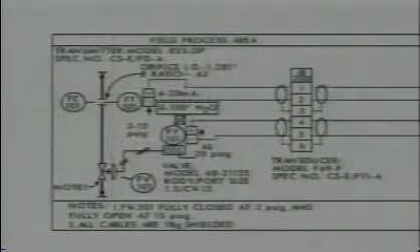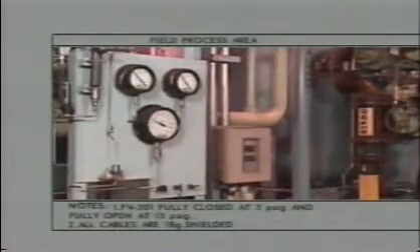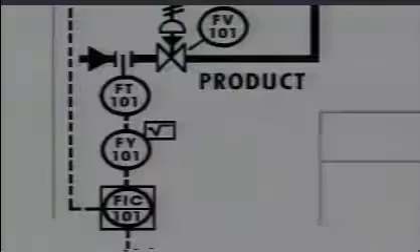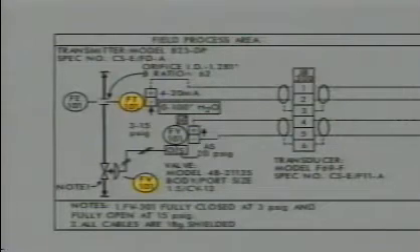The field process area shows you the field-mounted instruments. On the P&ID, you see that the flow transmitter and the flow valve are field-mounted instruments in loop 101. You can see these also in the field process area on the loop diagram.